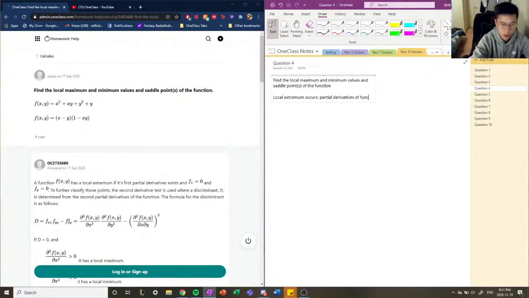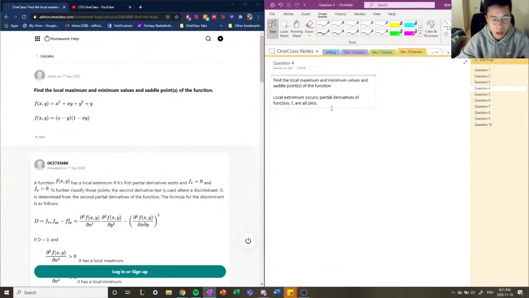This could be 2 variables, 3 variables, 4 variables. When the partial derivatives of function f are all 0, that means that at that point there is no rate of change in any direction. X, Y, Z, W, U, V, however many variables you have.